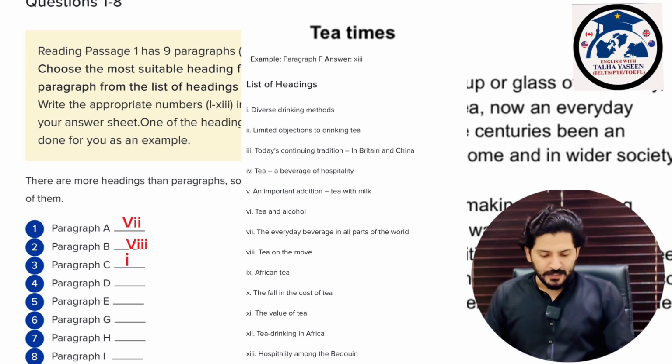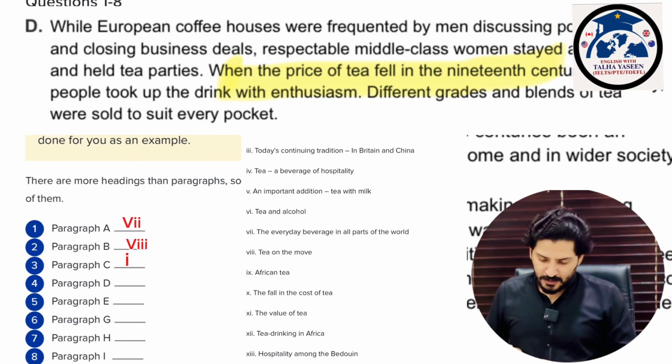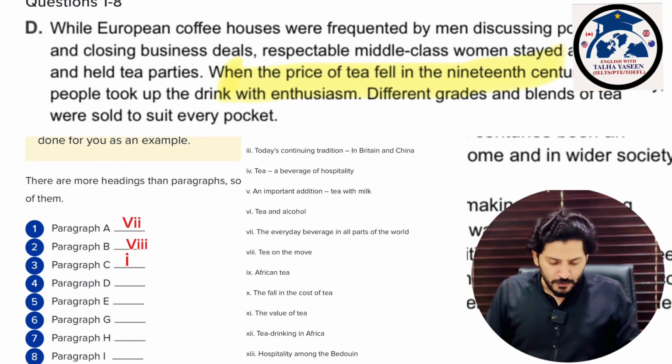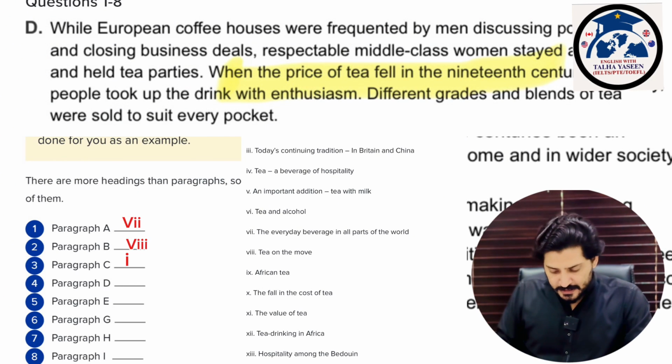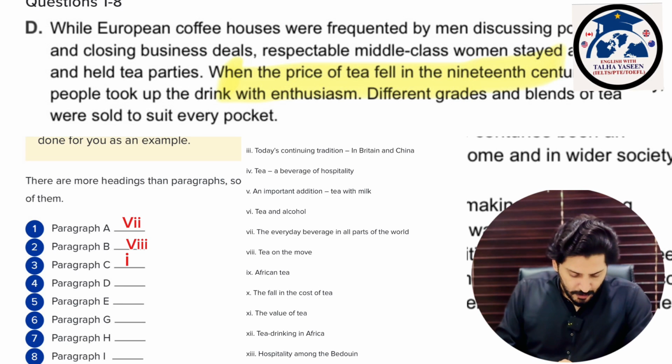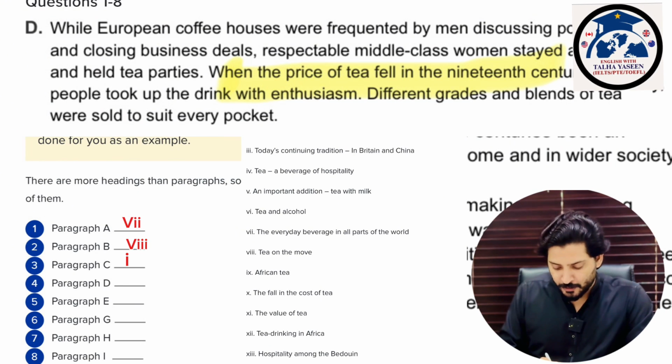Let's move on to paragraph D. Let's read. While European coffee houses were frequented by men discussing politics and closing business deals, respectable middle-class women stayed at home and held tea parties. When the price of tea fell in the 19th century, poor people took up the drink with enthusiasm.